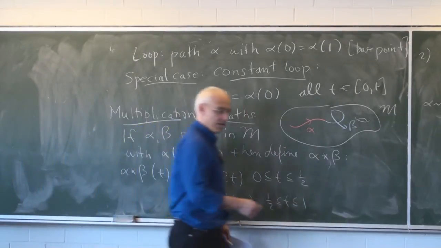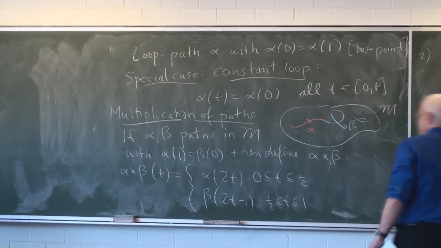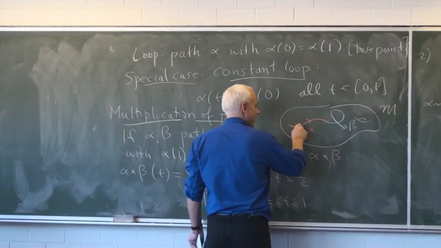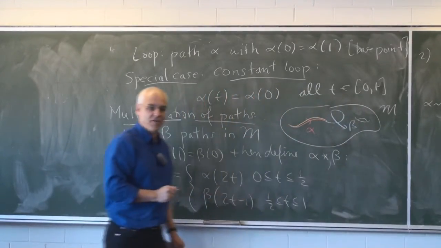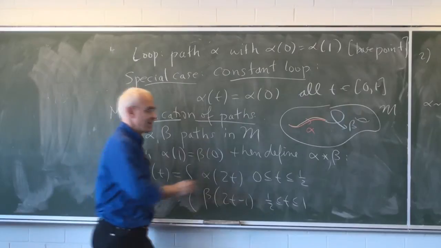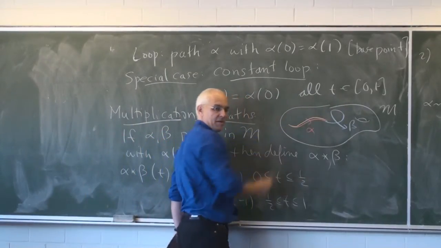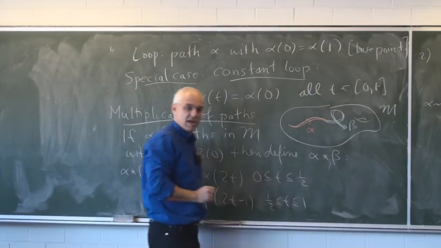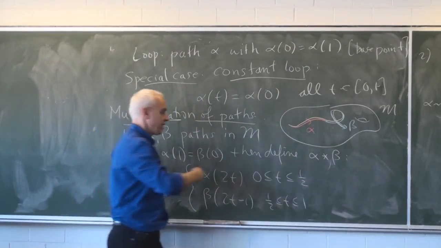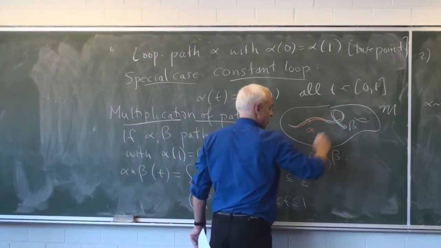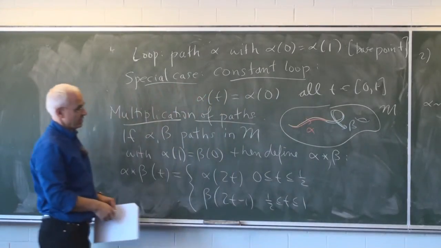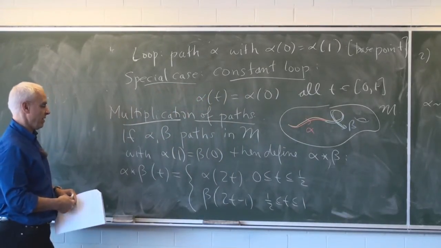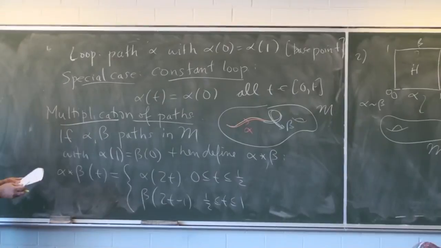So this is a new path that's going twice as fast over the alpha part. It doesn't take 1 to get there. It goes there in 1/2. And then it goes twice as fast along the beta part. So still in the interval 0 to 1, it manages to go across that entire combined path. And we call that the product of the paths.